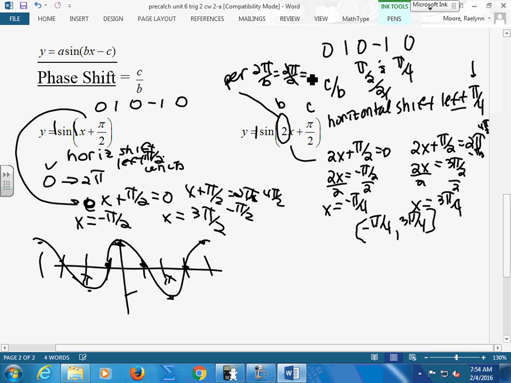Is my period pi? Doesn't that make sense? For one complete cycle there, it's going to take me pi to do that, and then I'm going to do it again, 2 pi to get 2 pi. Okay?